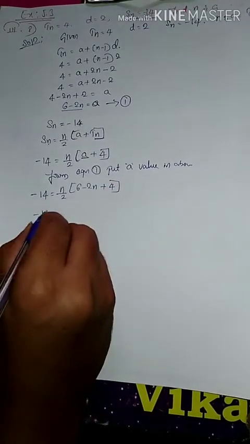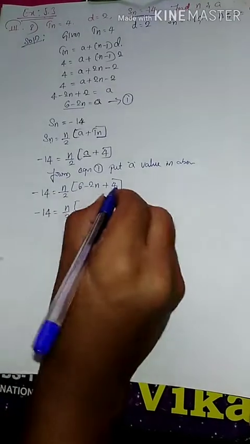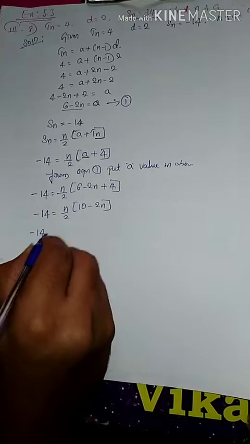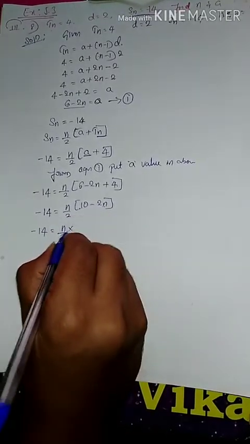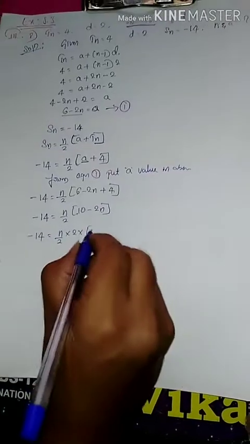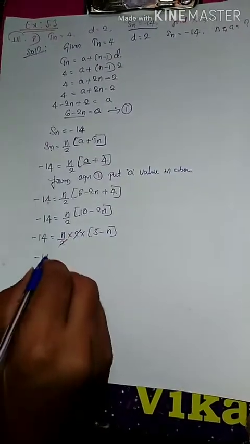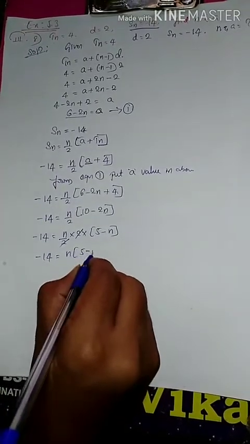So now minus 14 is equal to n by 2 into (6 plus 4 is 10, minus 2n). Minus 14 is equal to n by 2 into (10 minus 2n). So 2 is common here. Take it outside, 2 into the remaining term 5 minus n. So the 2 gets cancelled. Minus 14 is equal to n into (5 minus n).